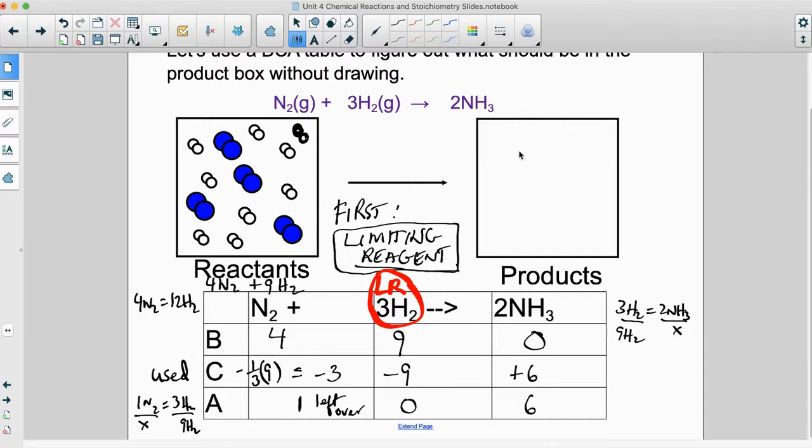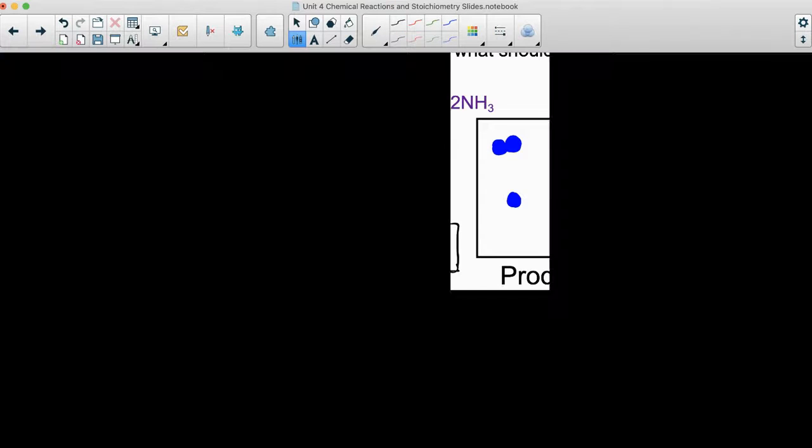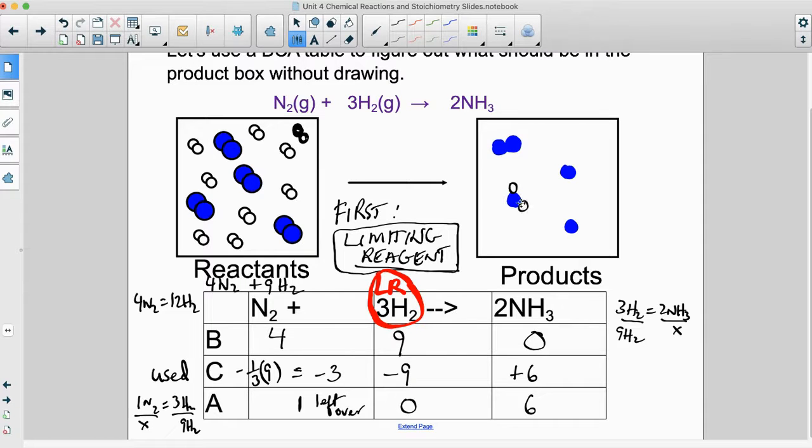So in my particle diagram here, I should draw one leftover N2, one N2 that does not react, and 6 NH3s. Oh, and I need to draw a few more blue circles.